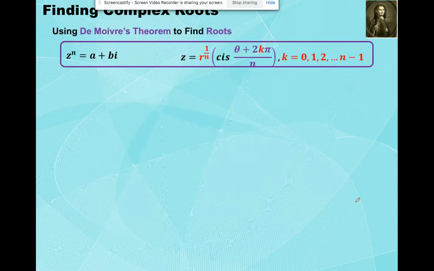So, de Moivre's theorem to find roots. If you have a complex number that is raised to the n power, as long as z is complex.